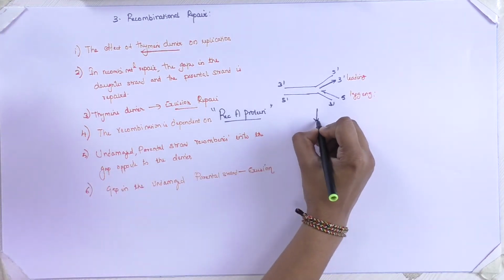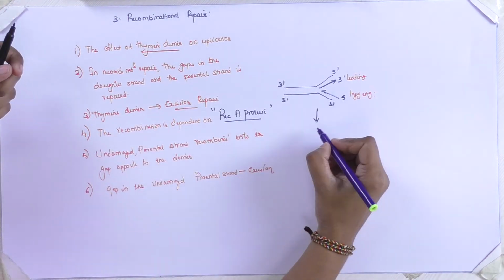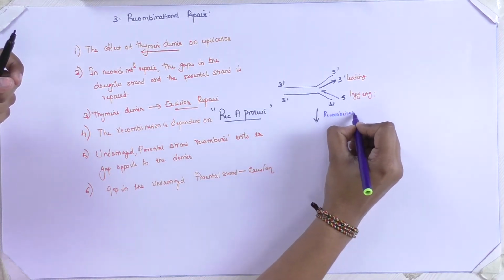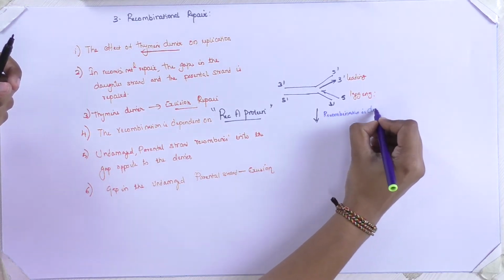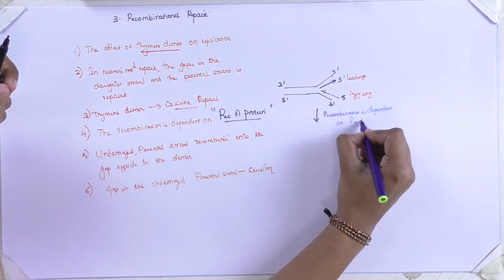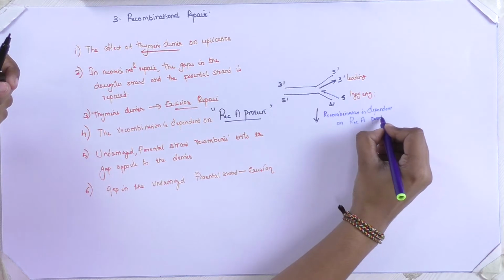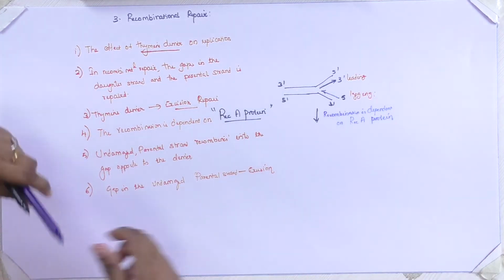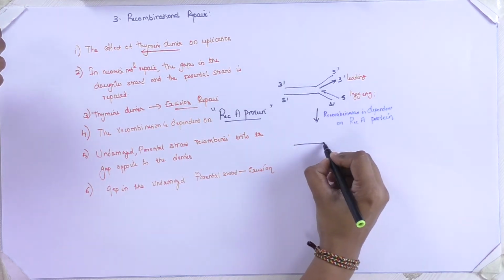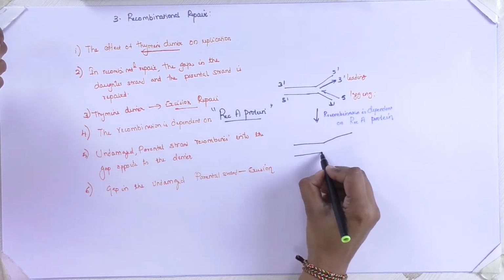Now recombination is dependent on RecA protein, that is recombination A protein. So it has identified that there is a damage.